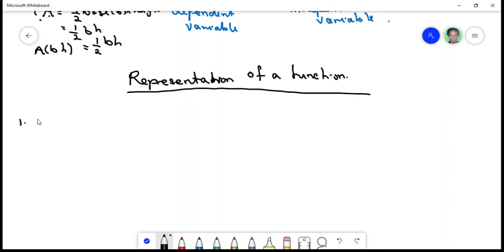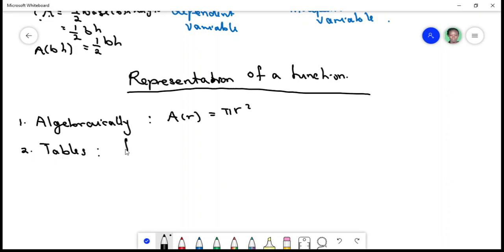You could do it algebraically, like we were just writing the area of a circle depends on the radius. This is algebraic. You can also use tables.